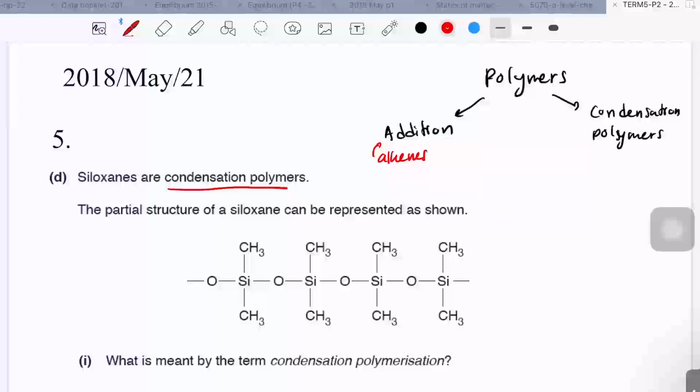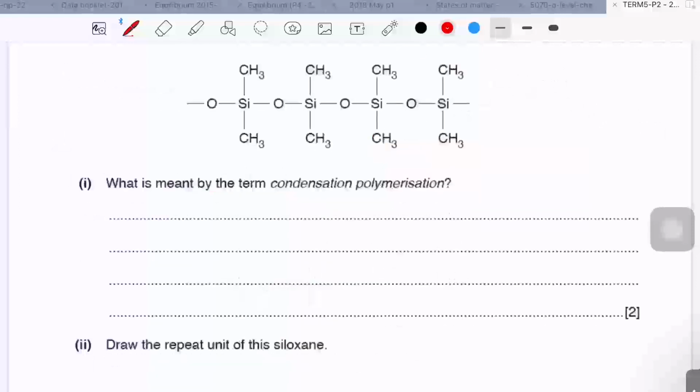But when alkenes are added to each other, no small molecule is removed. Monomers are the reactants, and they combine to make a polymer by removing a small molecule during the reaction. Those are called condensation polymers. So condensation polymerization is, let's write down the meaning.